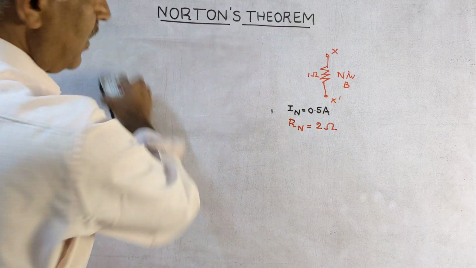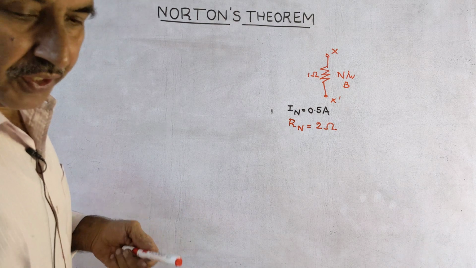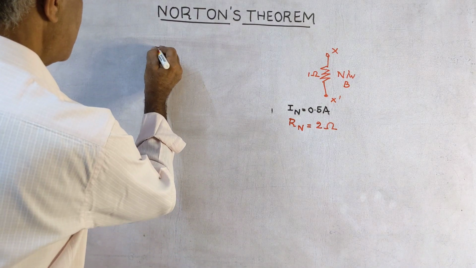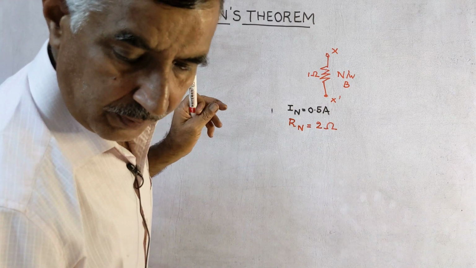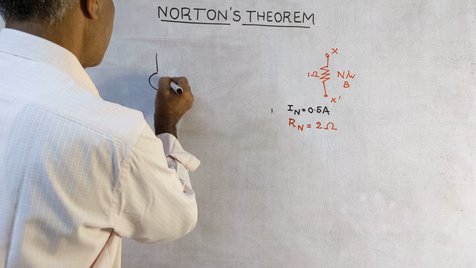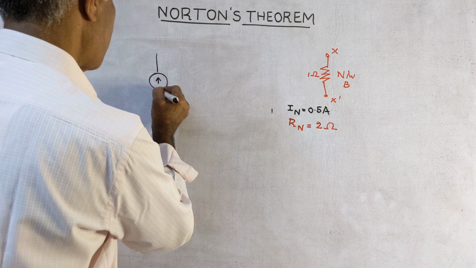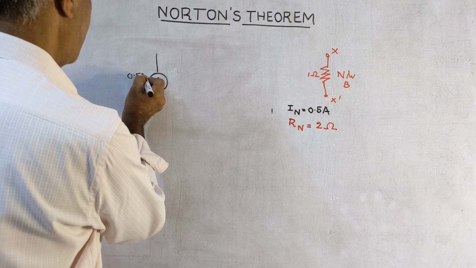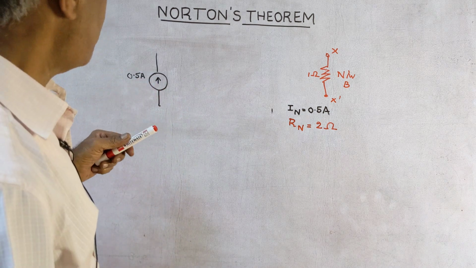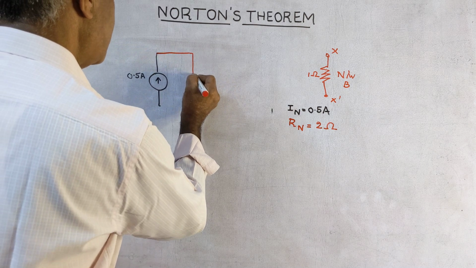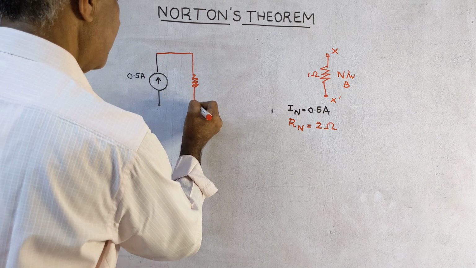Norton's equivalent is 0.5 amperes, and this 0.5 amperes is connected in parallel with 2 ohms.